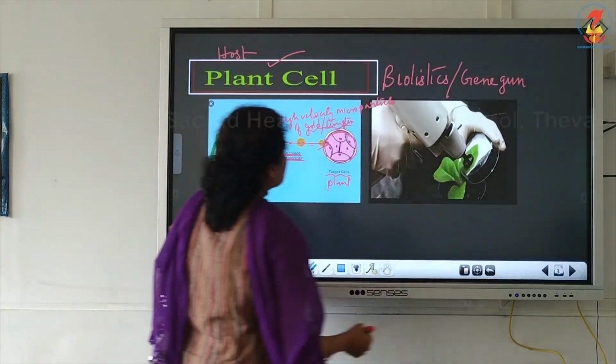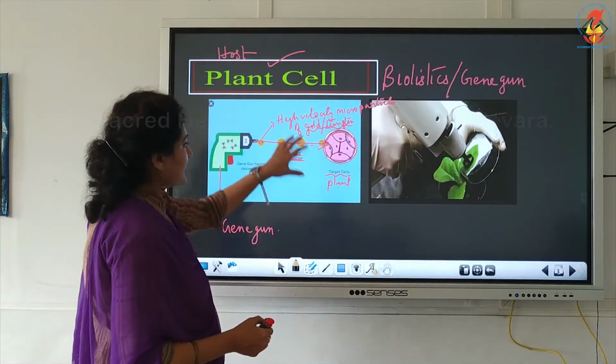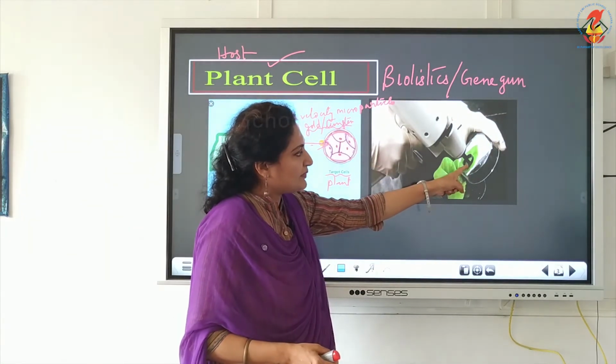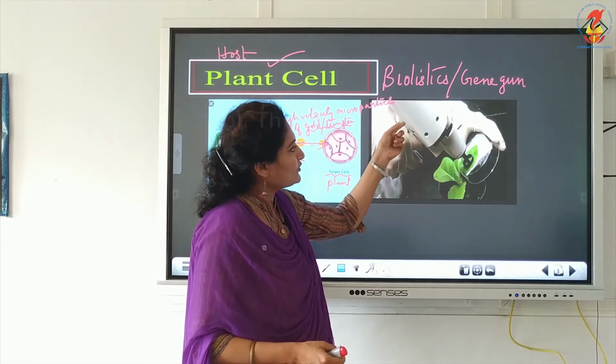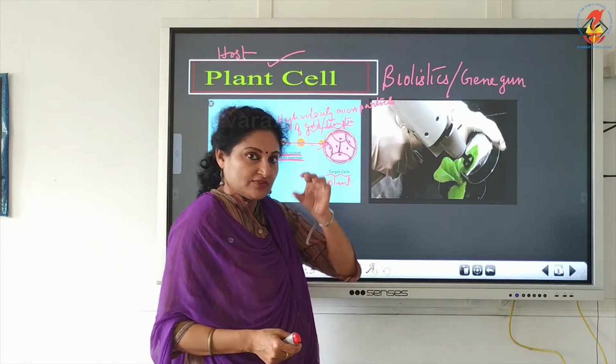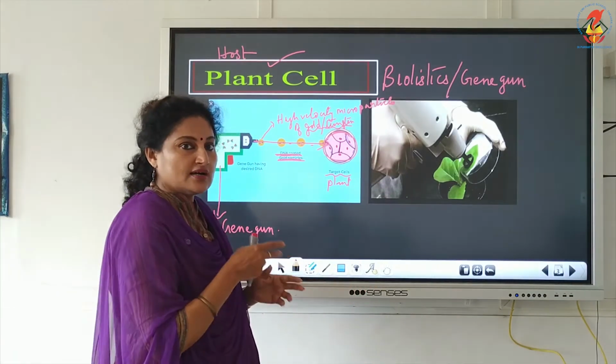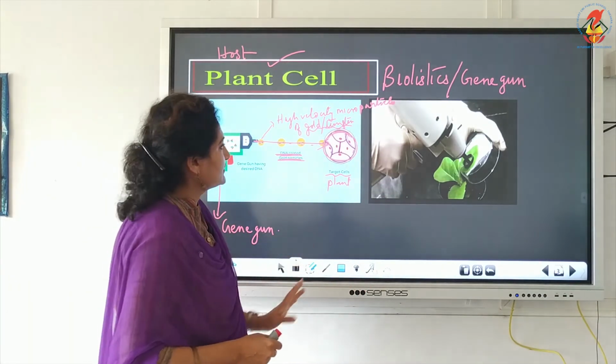In the same way, for the gene gun, that was just a cartoon. This is the actual gene gun, where it is correctly focused at the plant cell, and you can also see this eyepiece with magnification, and only then are the gun pellets shot or bombarded. Clear?